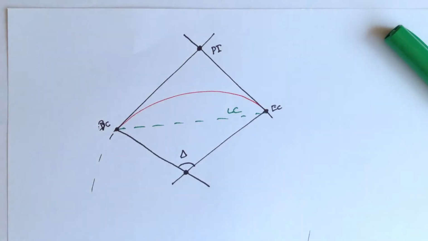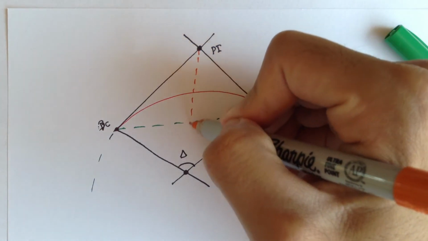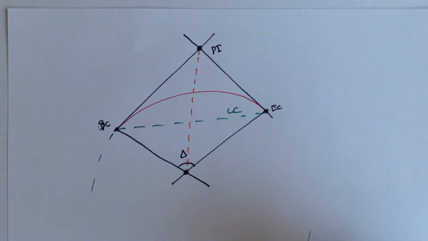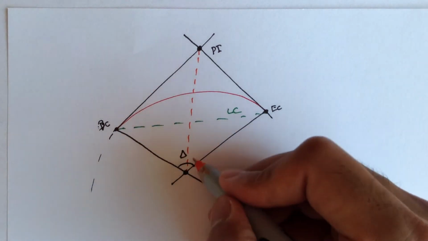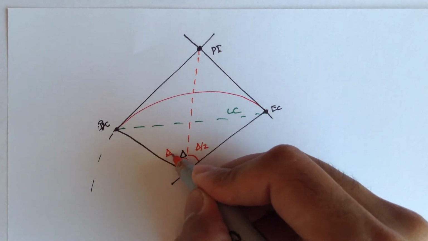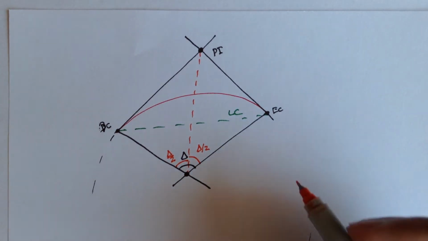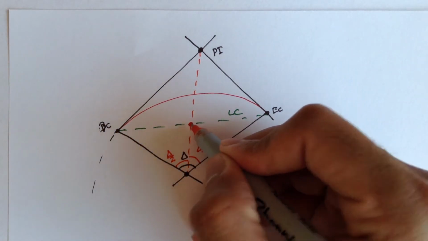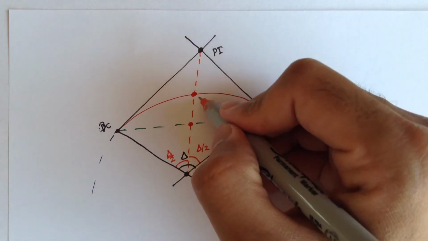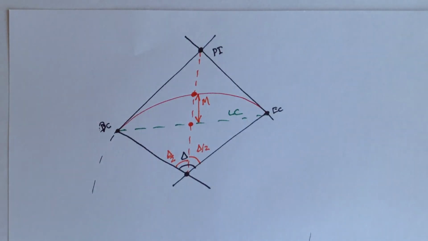So if we drew another line that starts at the PI and goes to the origin, and pretend this is all symmetrical, that means this angle would be delta over 2, and this angle would be delta over 2, right? So the middle ordinate is the distance from the long chord to the curve, this distance right here.